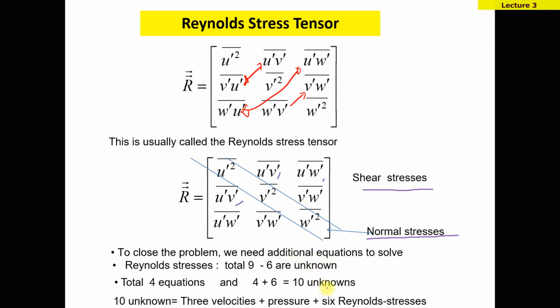That means there are 10 unknowns: 3 velocity, 1 pressure and 6 Reynolds stress. To calculate 10 unknowns, we have to solve 10 equations.